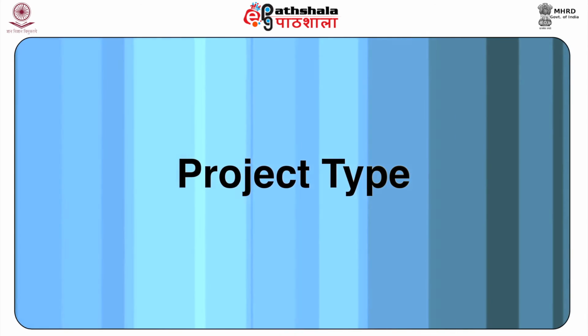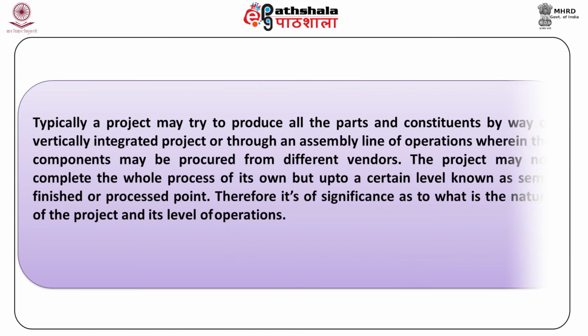1. Project type. Typically, a project may try to produce all the parts and constituents by way of a vertically integrated project or through an assembly line of operations wherein the components may be procured from different vendors.